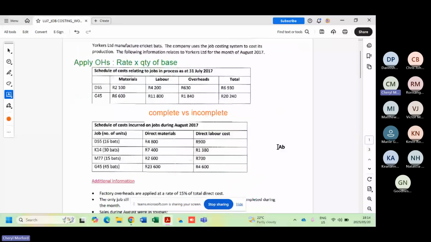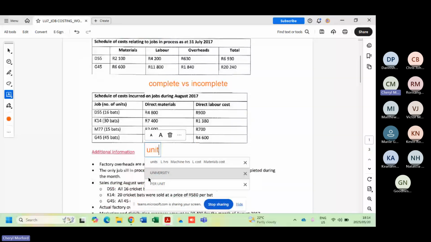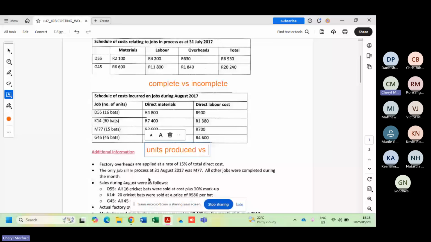The finished ones versus the unfinished ones. Then something else that we will look at is the units produced compared to the units sold, because that will affect the costing as well as the sales. Okay. So that's basically it.